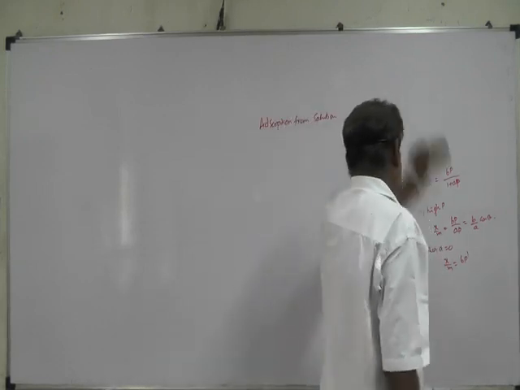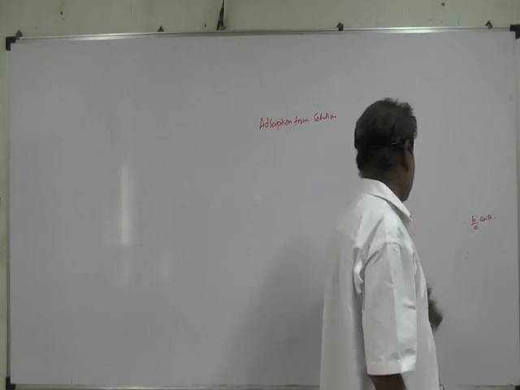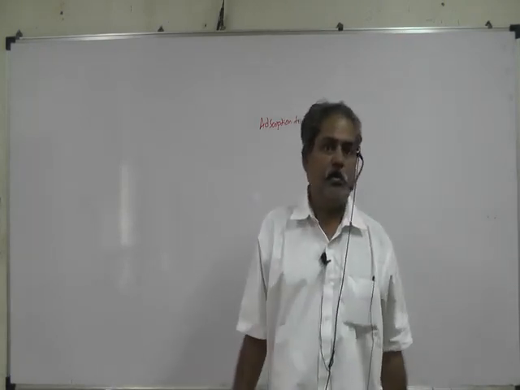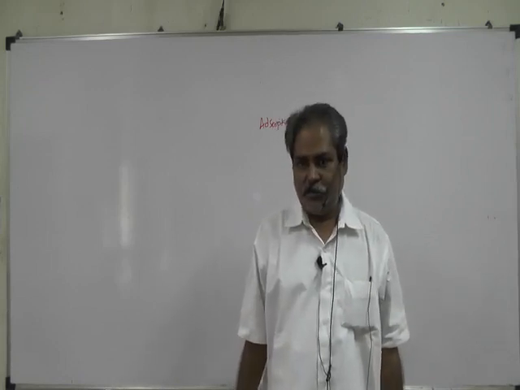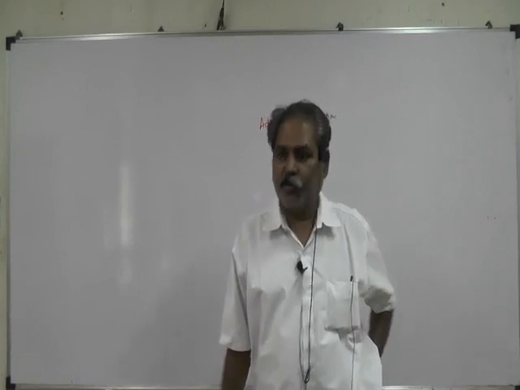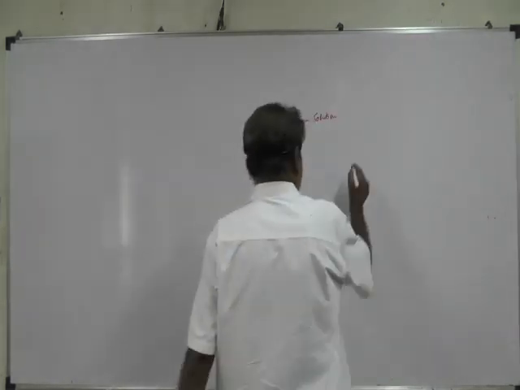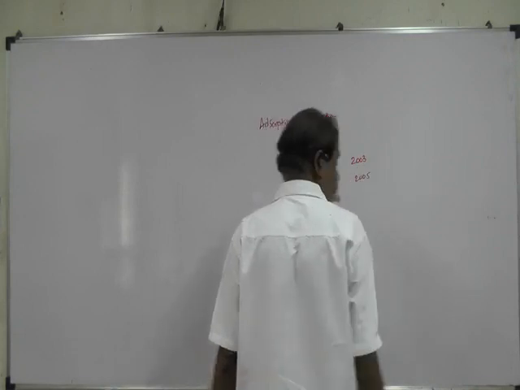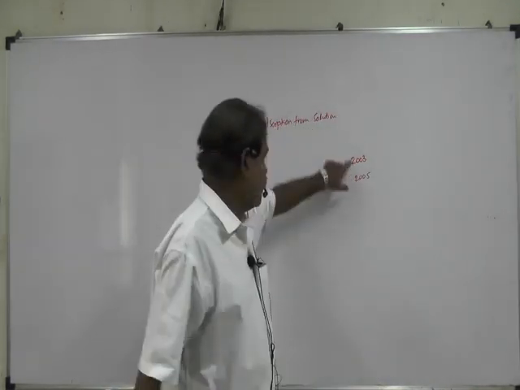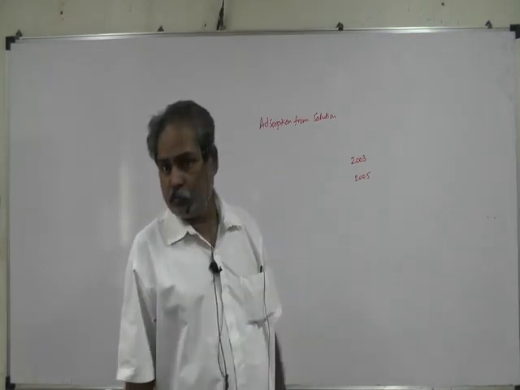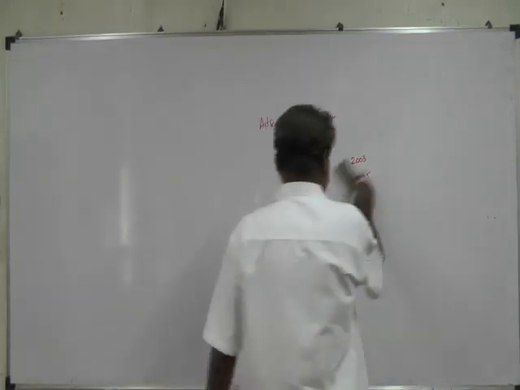When a gas is adsorbed, what happens? When a gas is adsorbed, the pressure decreases. When a solute is adsorbed, solute particles are adsorbed, concentration decreases. Given in 2003 and 2005 in succession. Concentration here and pressure here.